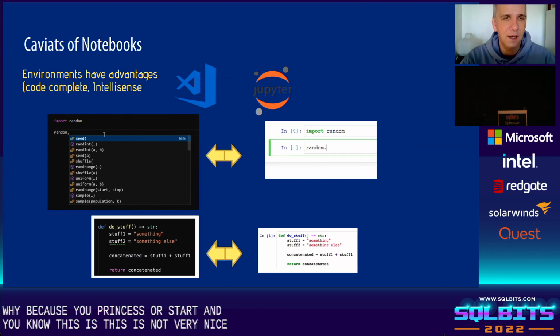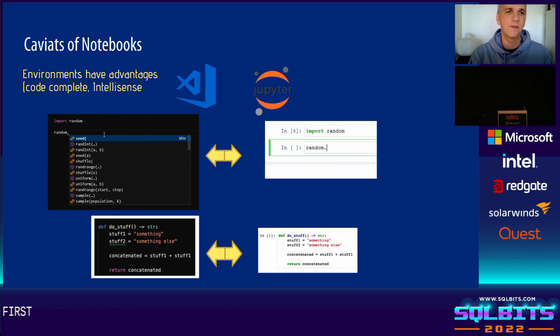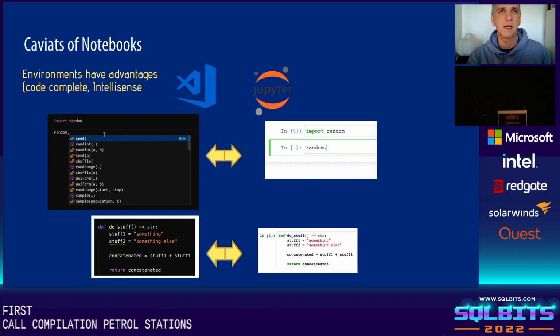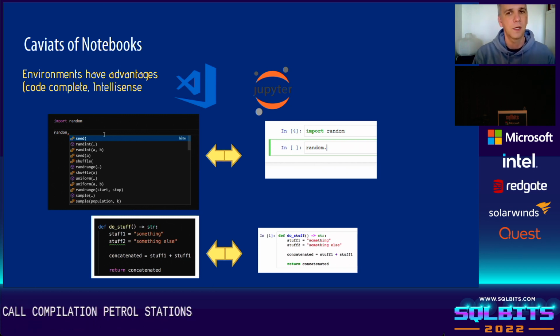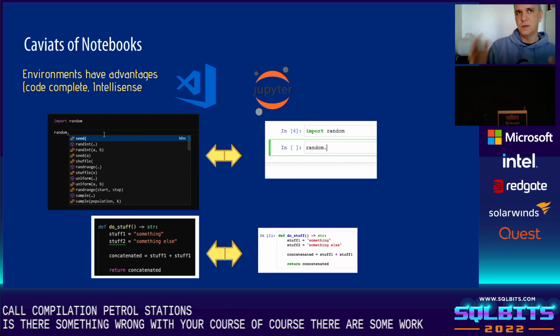The thing is, if you run your code in Jupyter Notebook, you will not have code completion, IntelliSense, and those wiggly lines saying, okay, maybe there's something wrong with your code. Of course, there are some packages that will prevent or help you with that, but bare-bones Jupyter Lab or Notebook won't have that.